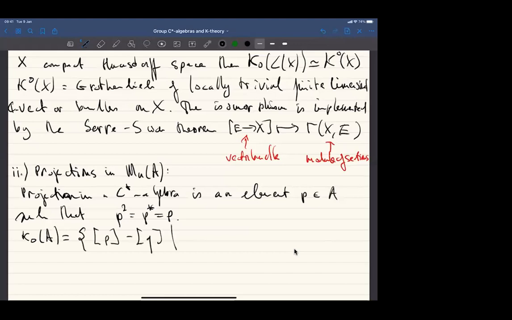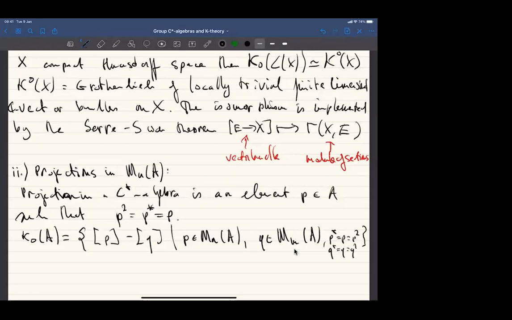Then there is an equivalent description of K0, which says we take formal differences of certain equivalence classes of projections. So P is in M_n(A), Q is in M_m(A), and P star is P squared, Q star is Q squared.